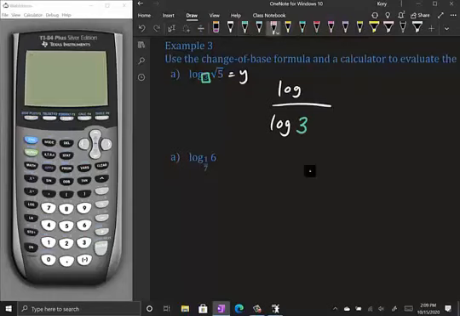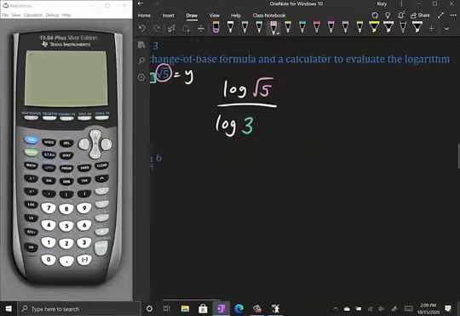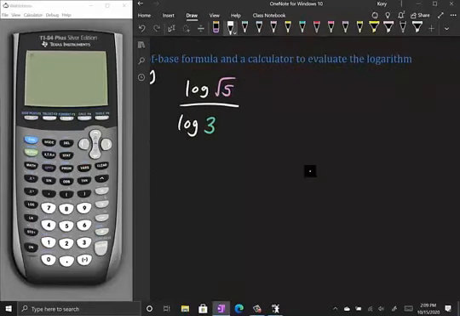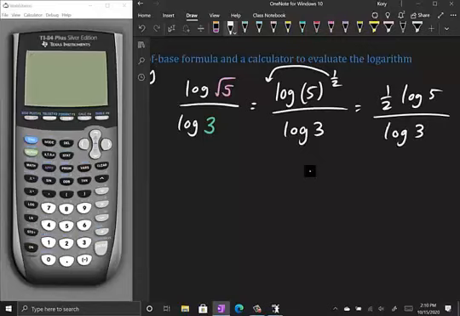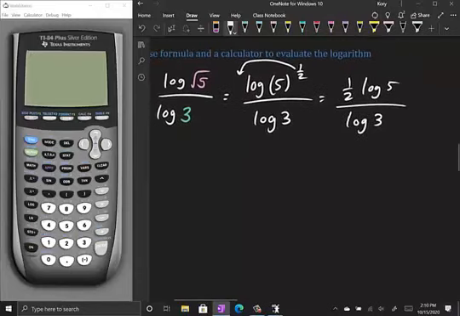The one on top goes on top. Now we're not done yet because we're not allowed to have radicals. So we need to switch this to log of 5 to the power of 1/2 over log 3. And we're not allowed to have those exponents there, so we need to move them. So we have 1/2 log 5 over log 3. That is the exact answer.